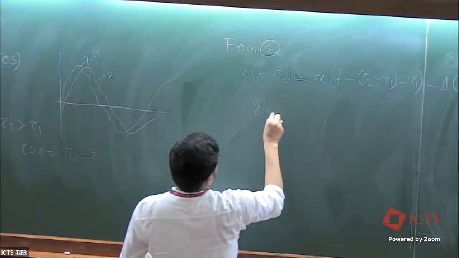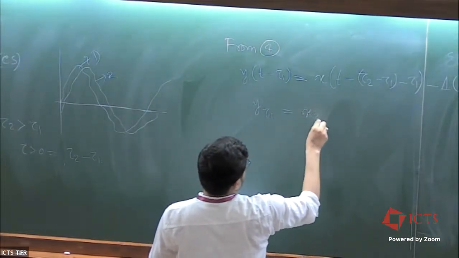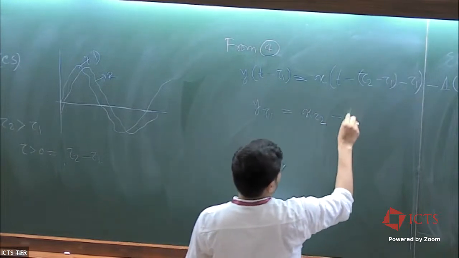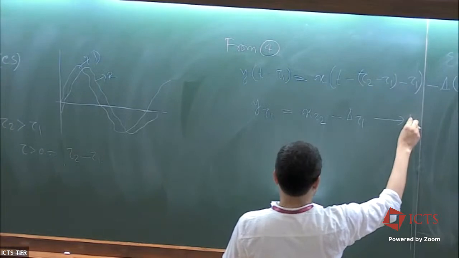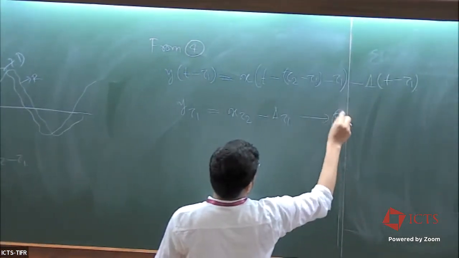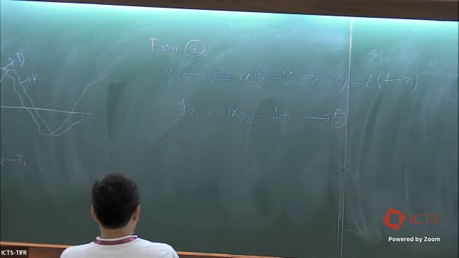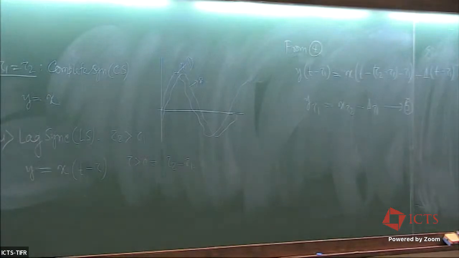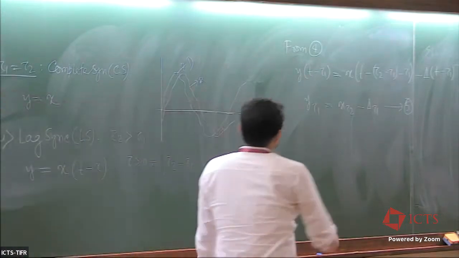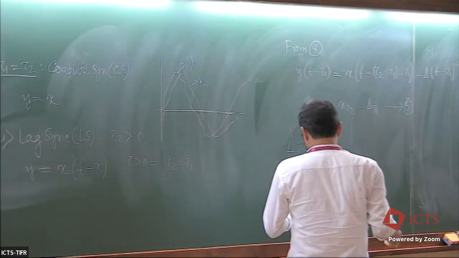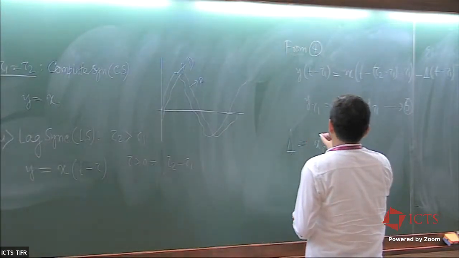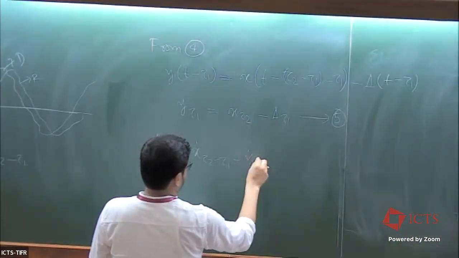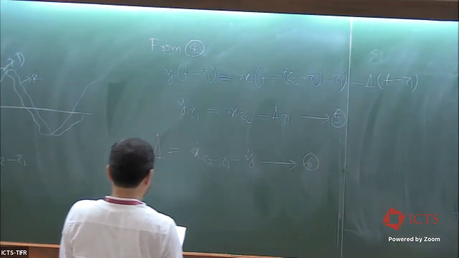And y tau 1 becomes x of tau 2 minus delta of tau 1. Suppose this is 5. Now, to check the dynamics of the error with respect to time, we have to take the derivative. So delta dot becomes x of t minus tau 2 minus tau 1 dot minus y dot. This is 6.